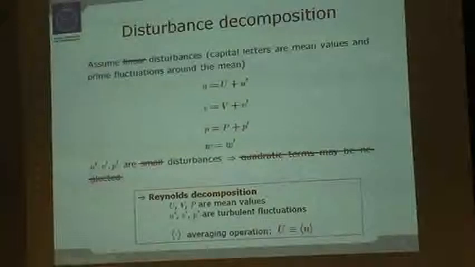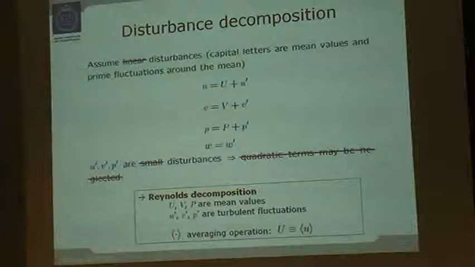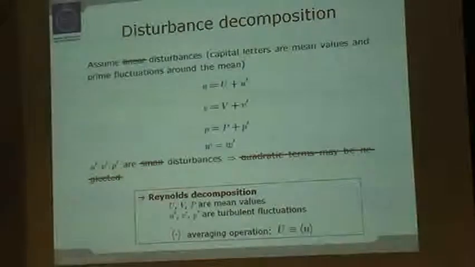Now, the problem is when we consider transition, when we want to consider the linear development of disturbances in the boundary layer or the channel, then we were assuming linear, so that means small amplitude disturbances, in order to be able to throw away quadratic terms.